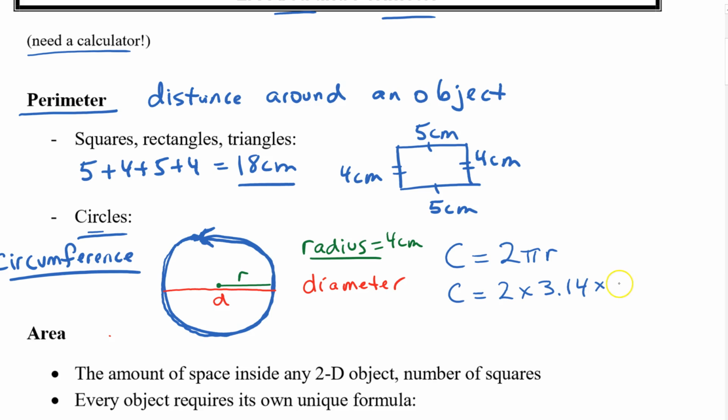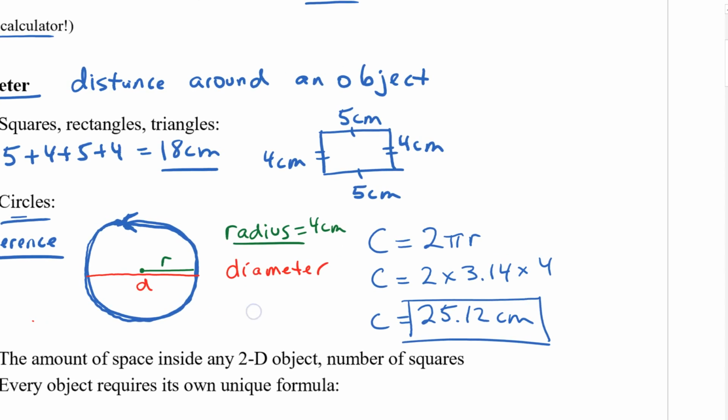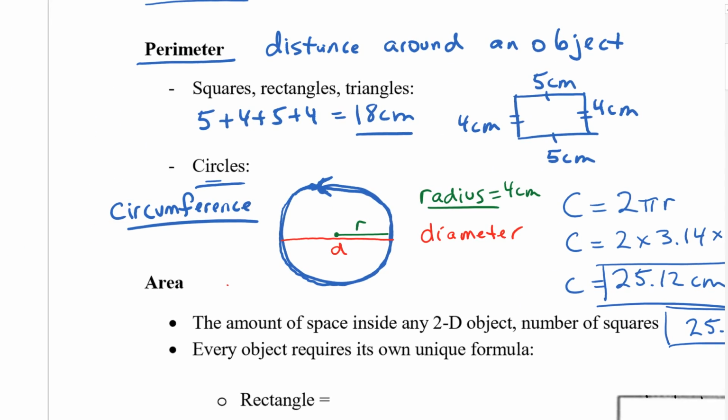And then times the radius, in this case it's 4. So in my calculator, I would type that out. And I get 25.12 centimeters. So that's good. Now, if I was asking you to round to the nearest tenth, you could also say 25.1 centimeters. All right, so that's how you do perimeter.